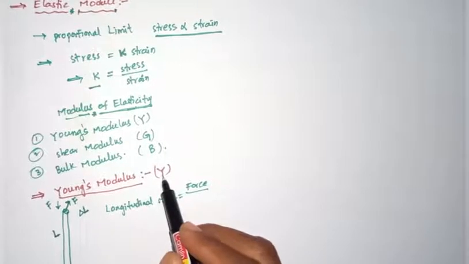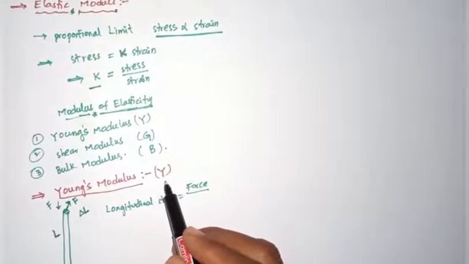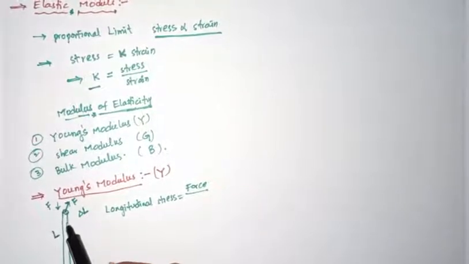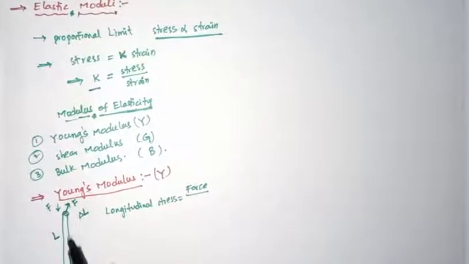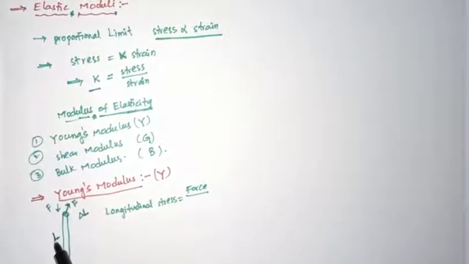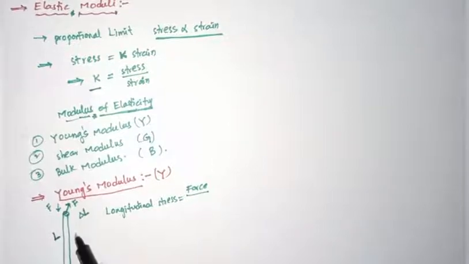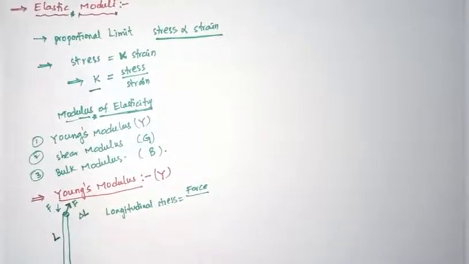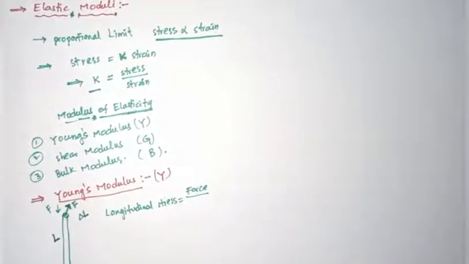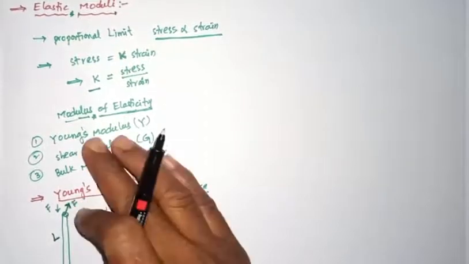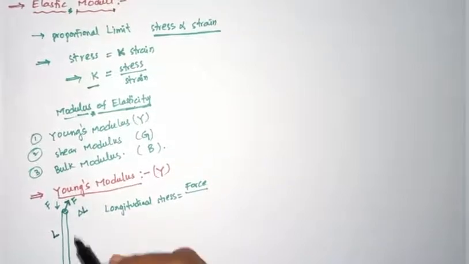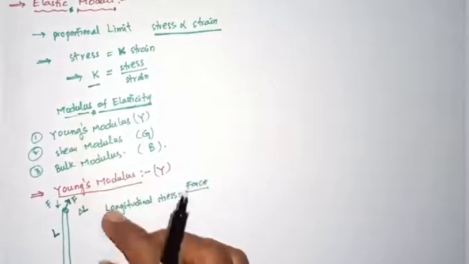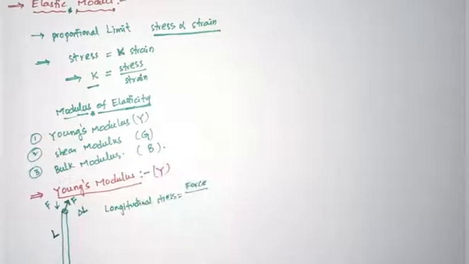Now we will explain Young's modulus in detail. Young's modulus is denoted with capital Y. Here for Young's modulus we consider a cylinder. The cylinder's initial length is capital L. When the deforming force F is applied, perpendicular to the surface and in opposite directions, it is stretched, it is enlarged.